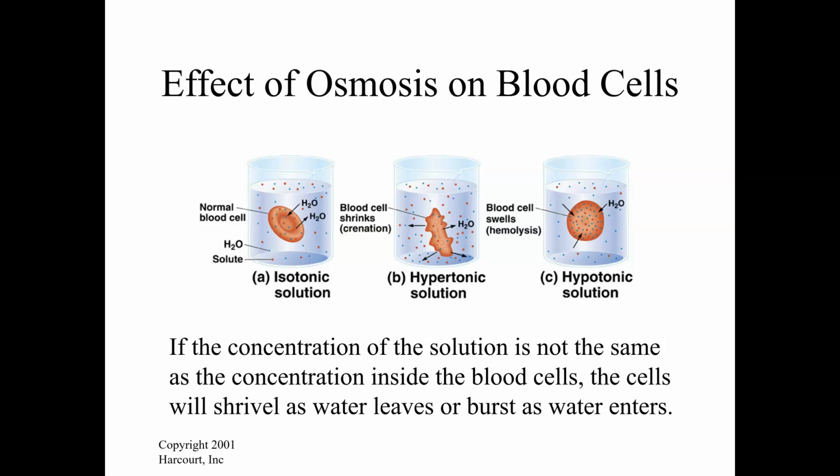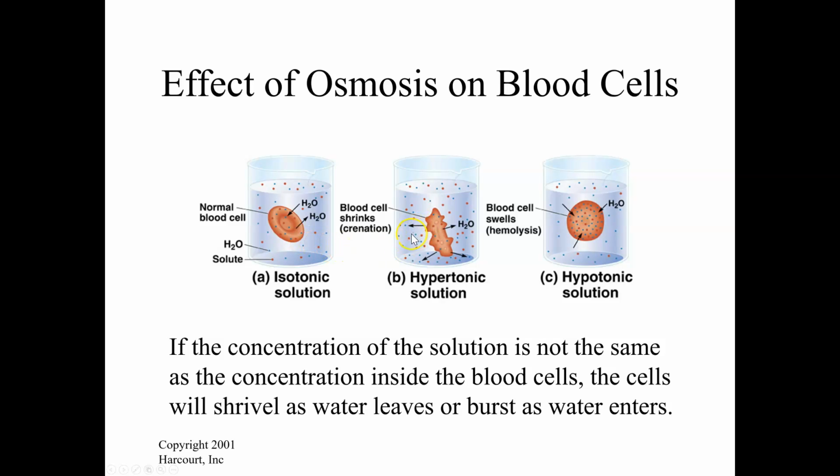And so if we don't have the right concentration in solutions outside our blood cells as there are inside our cells, we can ruin our blood cells. So it's important. That's why you have blood chemistry done. Like when you go to the doctor, they'll take your blood and check all these different levels. If you have the right concentration in your plasma compared to the cell, then your blood cells are going to be perfectly normal and happy.